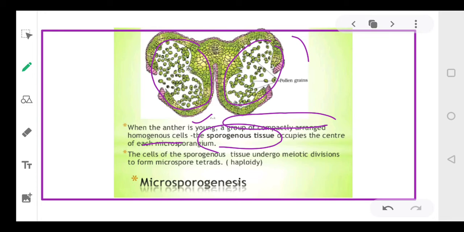Sporogenous tissue is present in the center, and its cells will undergo meiotic division and form the microspore tetrad. This process we call microsporogenesis. What do we call it? Microsporogenesis.